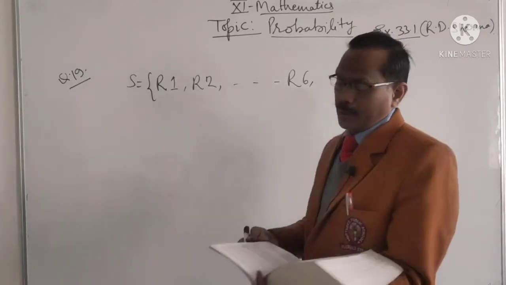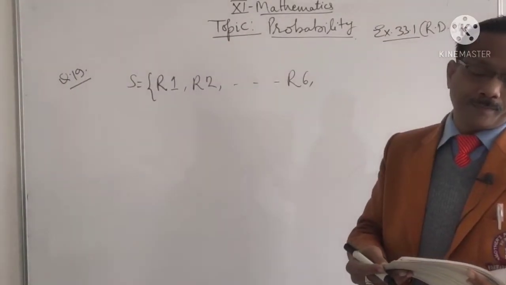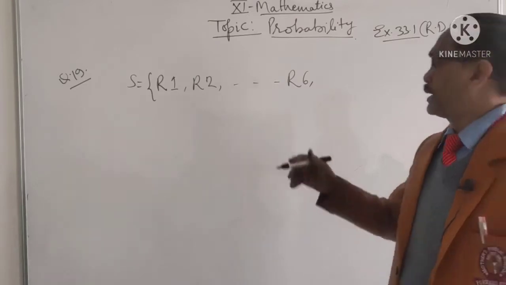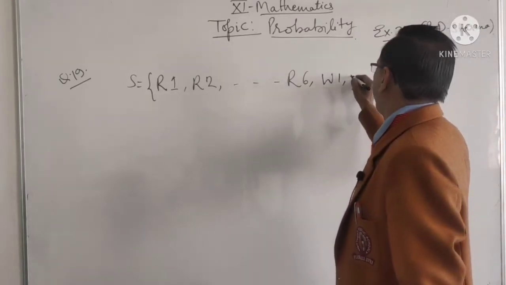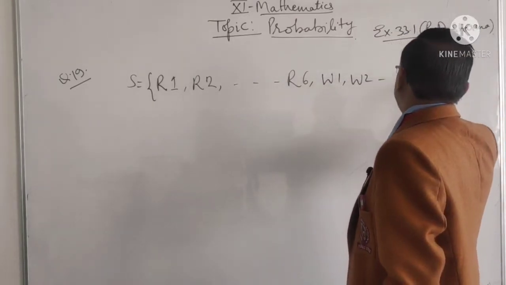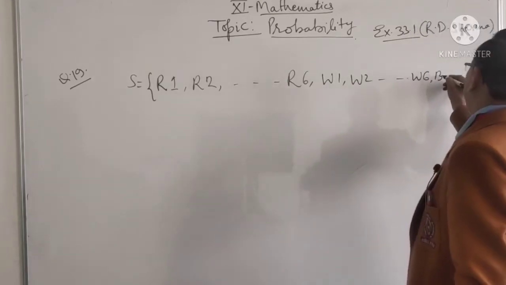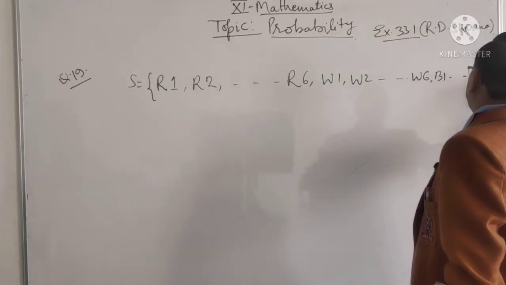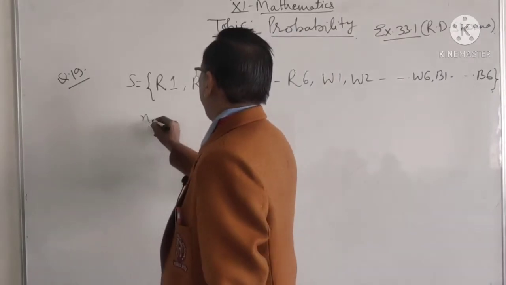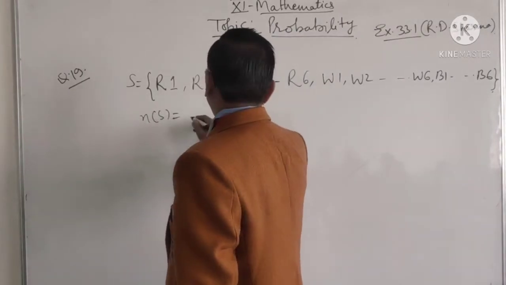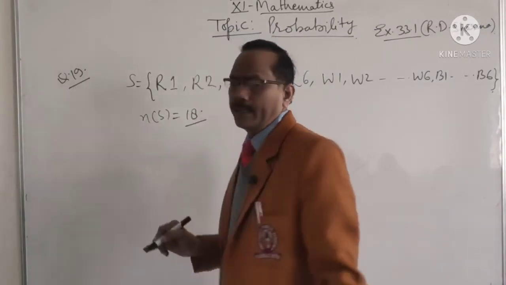Same. There are colors red, white and black. So W1, W2 till W6, then B1 till B6. So total cases n(S) equals 18. There are 18 cases.